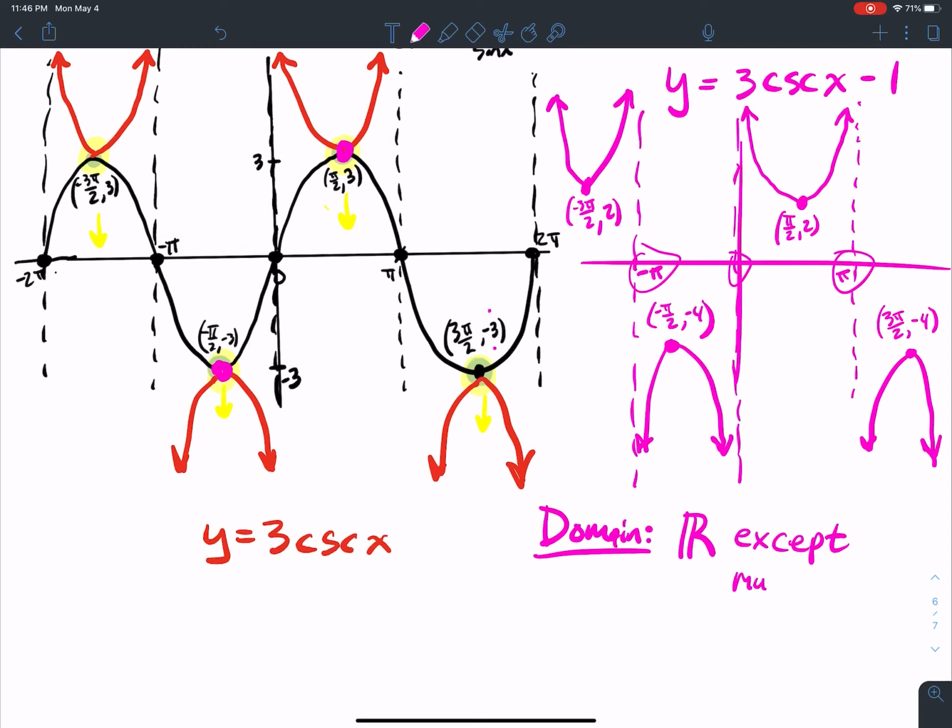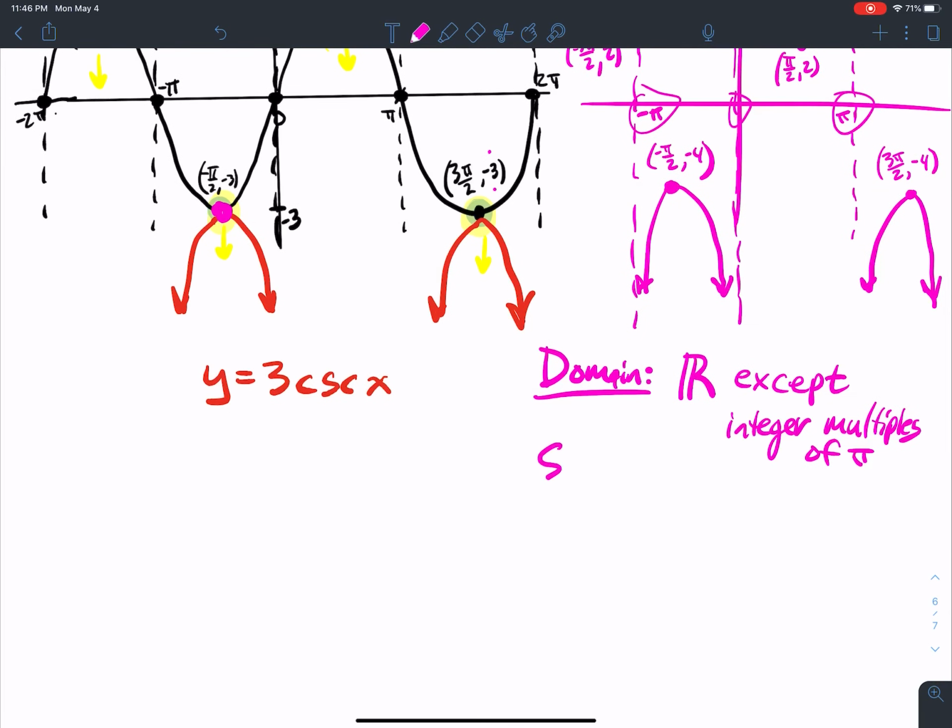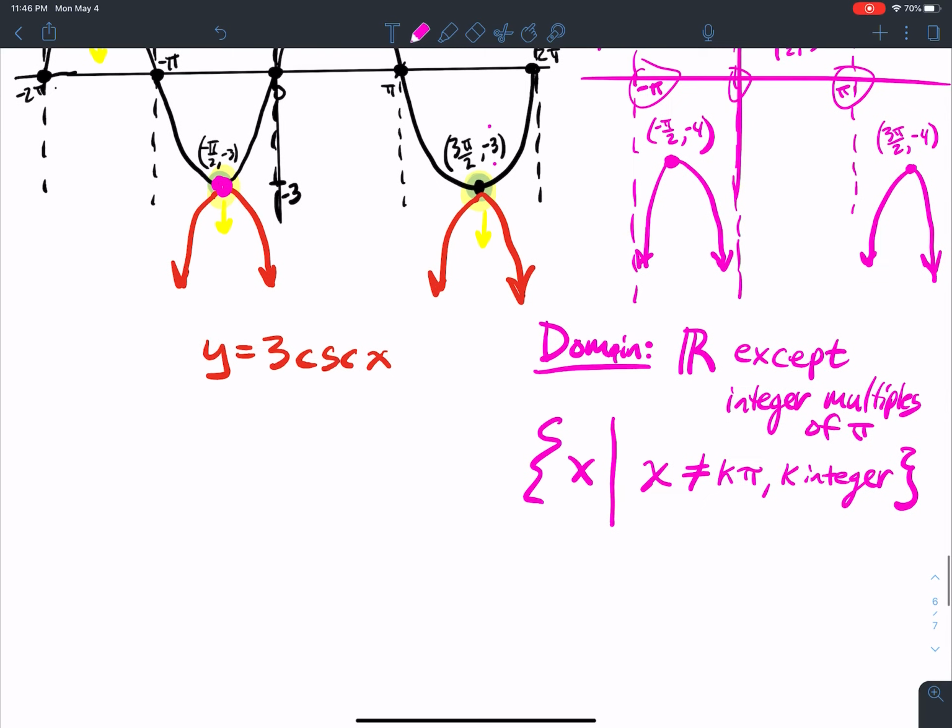Integer multiples of pi. So to write this in set notation, it would be all x's such that x is not equal to k pi, where k is an integer. So that's the set notation for how you would say this.